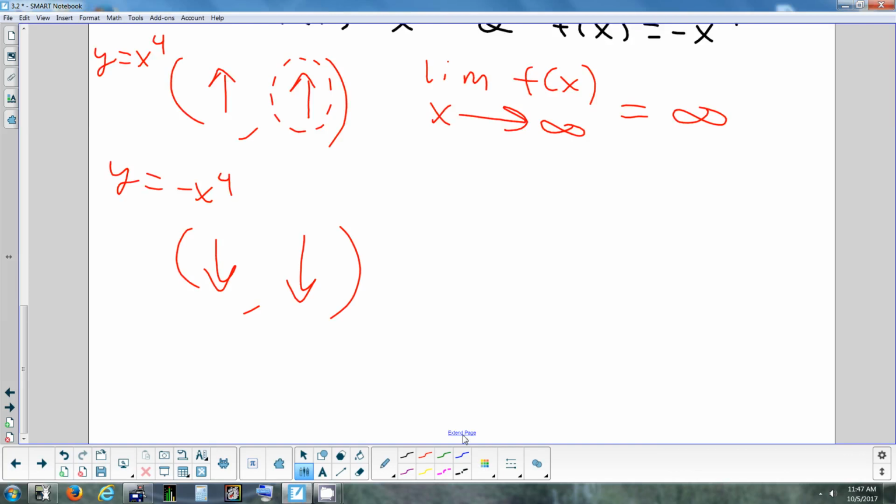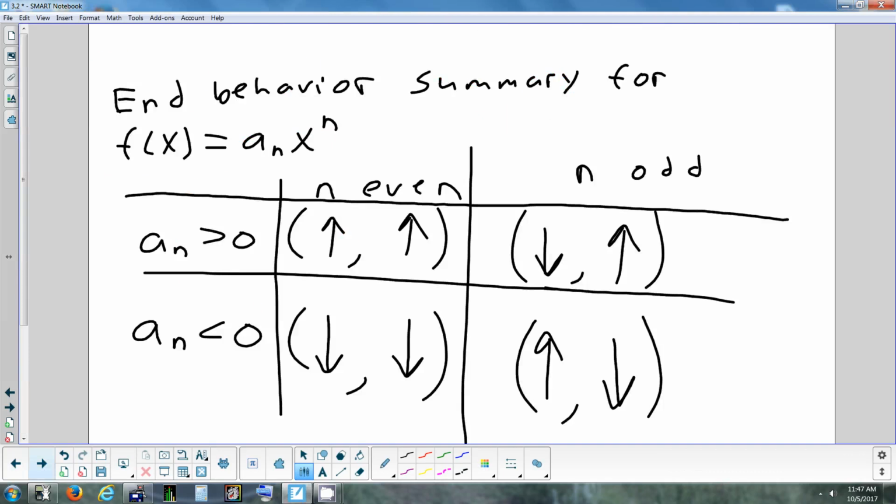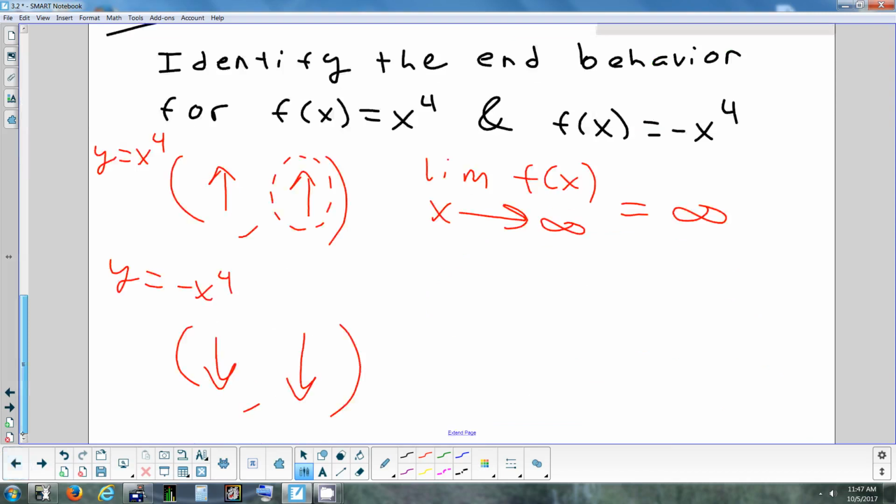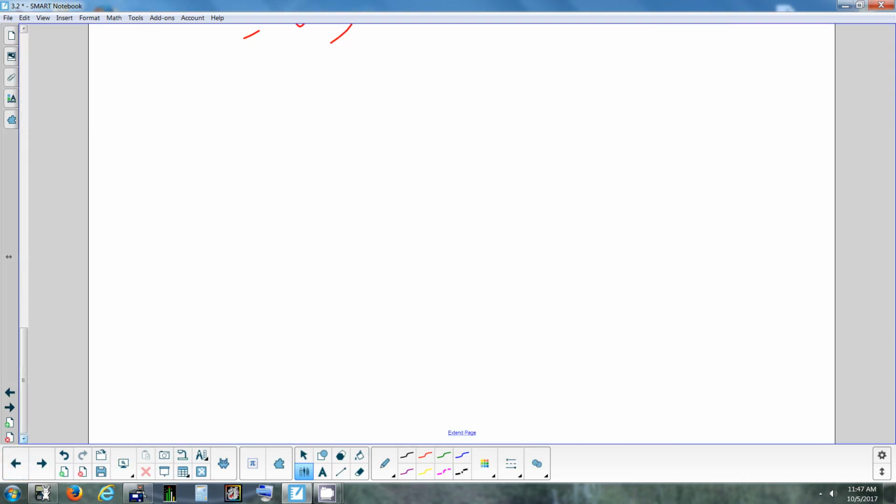Whether it's up, up, down, down, or one of each, you should be able to tell just by looking at one thing in the graph. Let me go back for 1 second. Let's say you had something like this. There's only one thing there that controls whether it's up, up, down, down, or up, down.